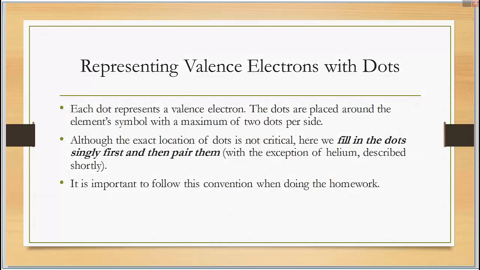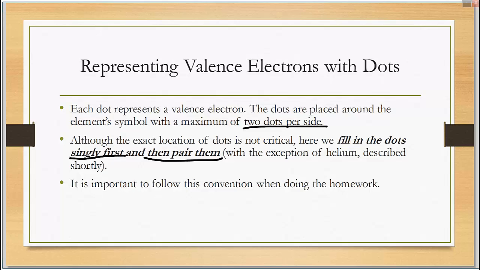Each dot represents a valence electron. The dots are placed around the element symbol with a maximum of 2 dots per side. Although the exact location of the dots isn't critical, we do fill in the dots alone first and then we pair them up.